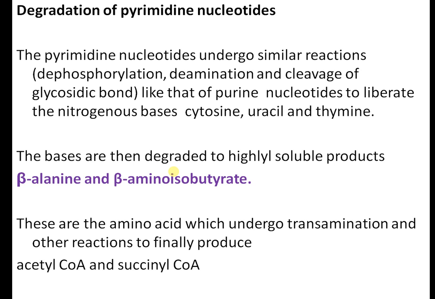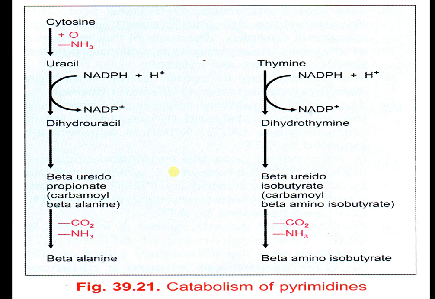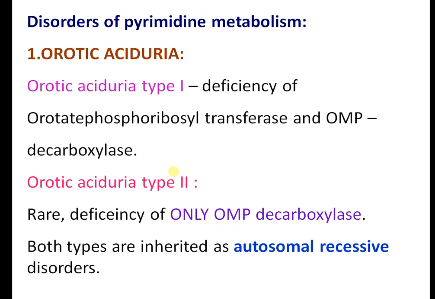The bases are then degraded to highly soluble products, beta alanine and beta aminoisobutyric acid, which are amino acids that undergo transamination and other reactions to finally produce acetyl CoA and succinyl CoA. Cytosine goes to uracil to dihydrouracil to beta alanine, and thymine to dihydrothymine to beta aminoisobutyric acid.